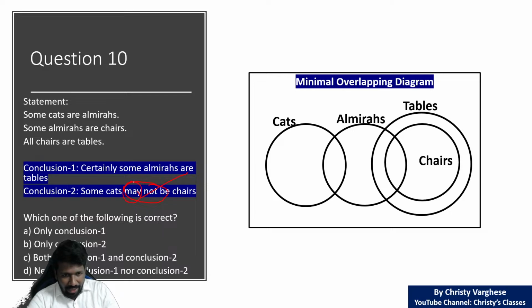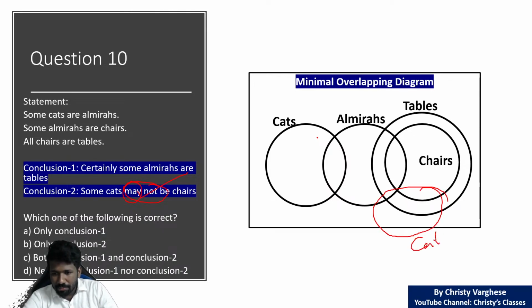Because of the word may. If the question were saying some cats are not chairs, that would be wrong, because cats and chairs having an intersection is no problem. This is also a possible diagram, with cats here and all other things in the same place.